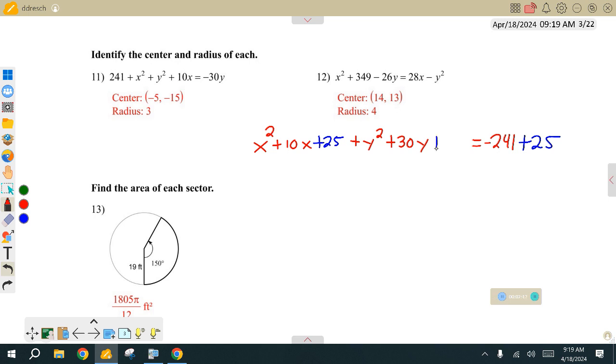So there it is, 225. Not just on the left, but also on the right to keep that thing balanced. My finger got in the way of the camera there. 225 to keep that balanced. Okay. And there are my two perfect square trinomials that should factor into the same two quantities.